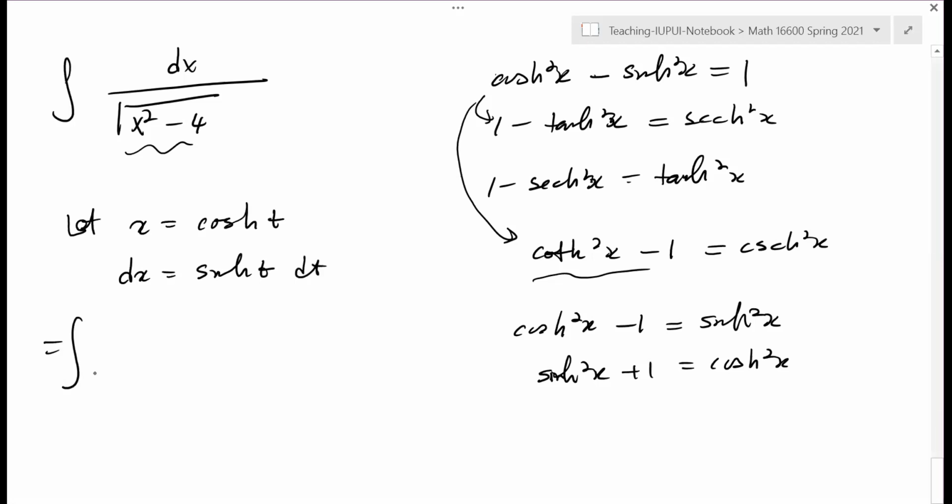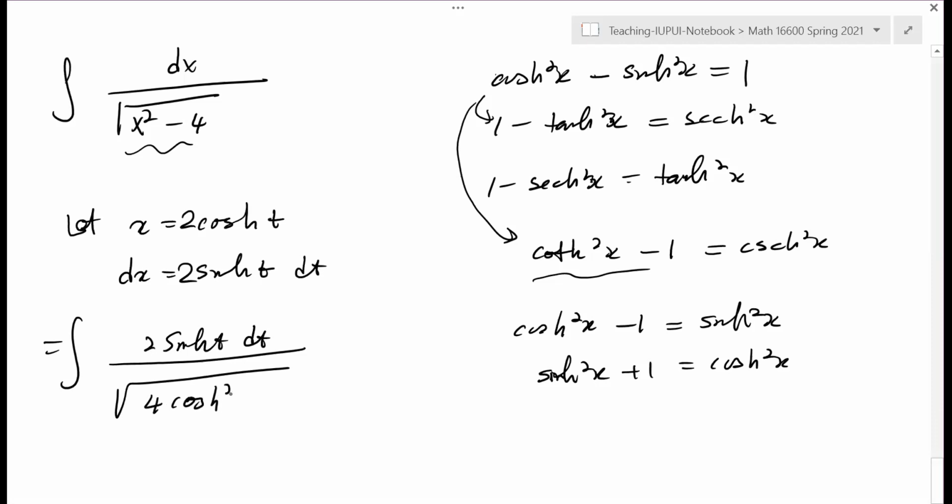So the above integral has hyperbolic sine t dt. I'm sorry, I keep forgetting the twice. Inside I get 4 hyperbolic cosine squared t minus 4.